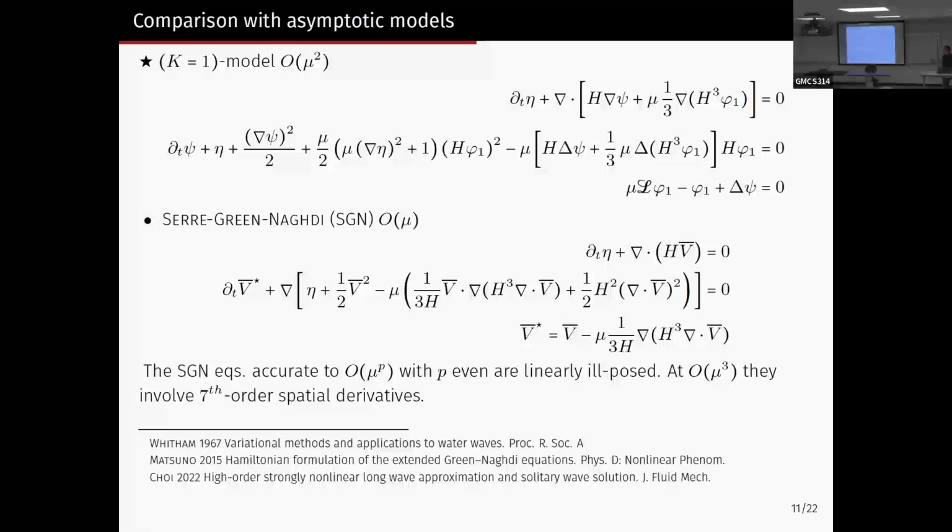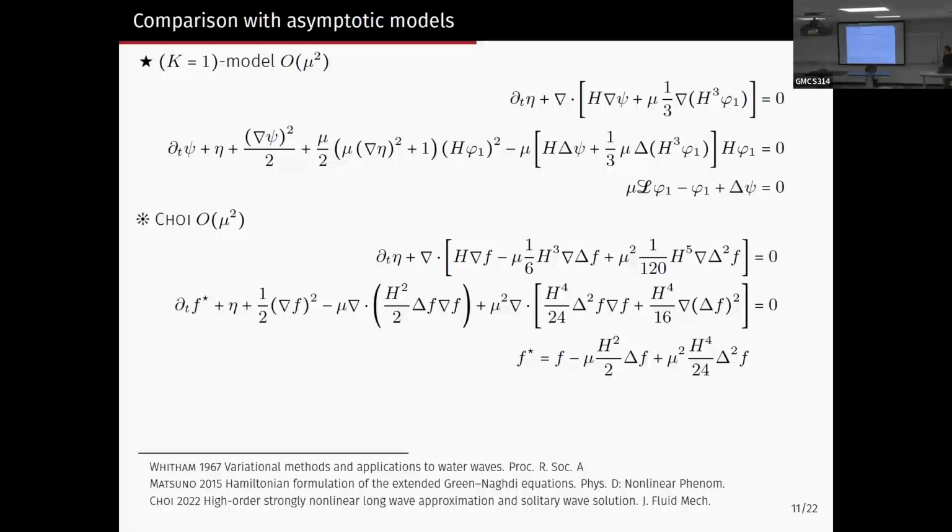And the other thing, the disadvantage, as I mentioned earlier, is that the next practically useful SGN model is the m cubed, and then you have to deal with 7th order derivatives. Whereas if you work with this, you have up to 2nd order derivatives.